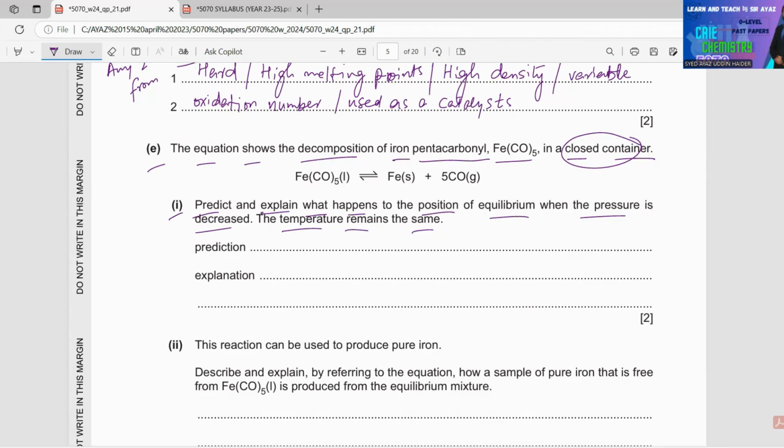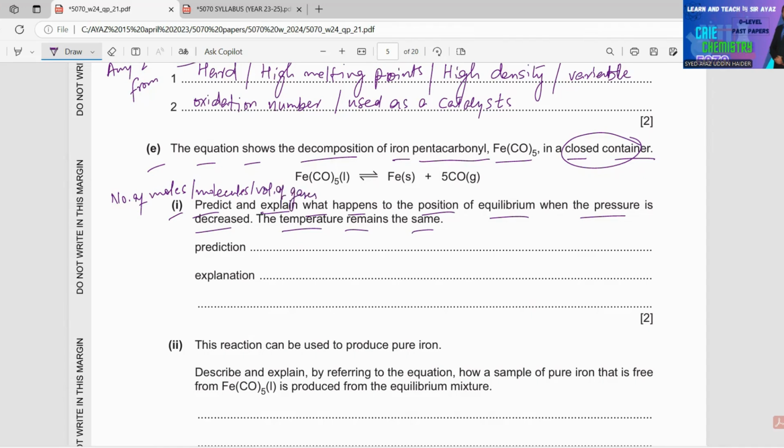So whenever a reversible reaction is in a dynamic equilibrium state, the effect of pressure is that if you increase the pressure, the equilibrium will shift to the side with fewer moles, molecules, or volume of gases. But if you decrease the pressure, the reverse will be true. So for the prediction, first of all I'm going to write the number of moles, molecules, or volume of gases, so you will have a better idea in which direction it will shift.